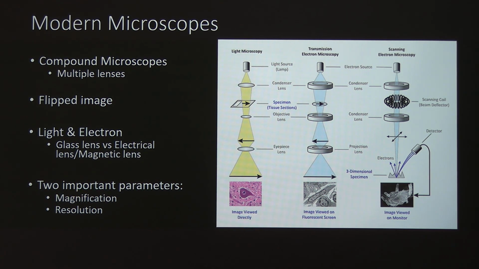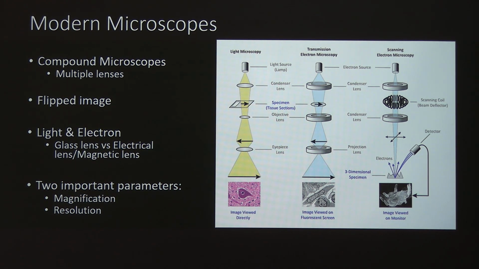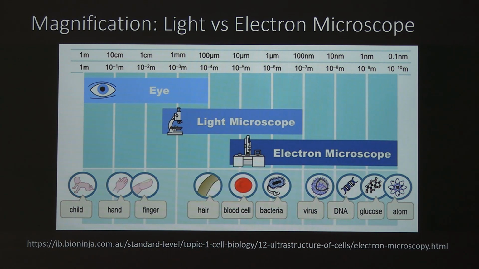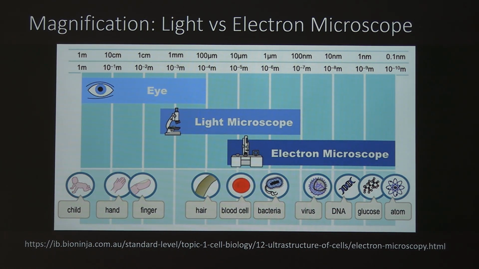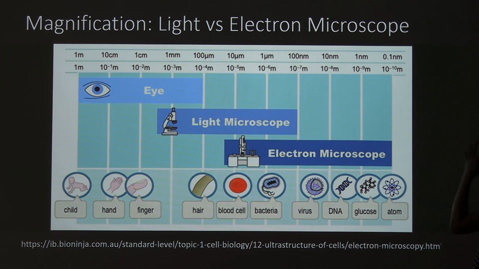So the 2 important parameters to define whether a microscope is good or not are the magnification and the resolution. So in the next slides, you can see the different magnification of the different instruments.